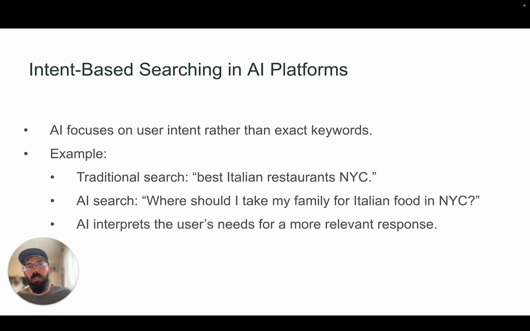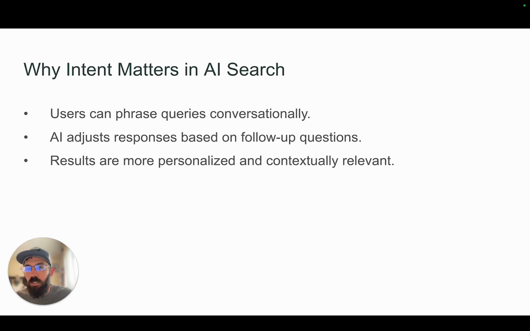And then again, because people are used to interacting with AI a little bit more conversationally, that will usually lead to a more specific query. Again, there are all sorts of examples of this, and it's not a hard and fast rule. It's just, in general, people tend to interact with AI slightly differently than traditional search engines.